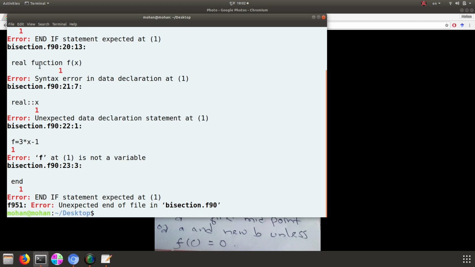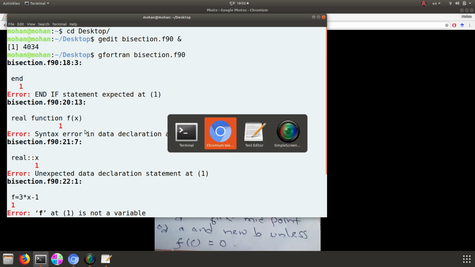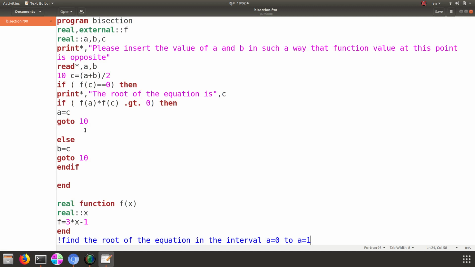End if statement expected at 1. So here is one error, f is not a variable. Okay, wait a minute. End if statement expected at 1. So maybe I have not inserted end if. So for that, let me go to the editor.